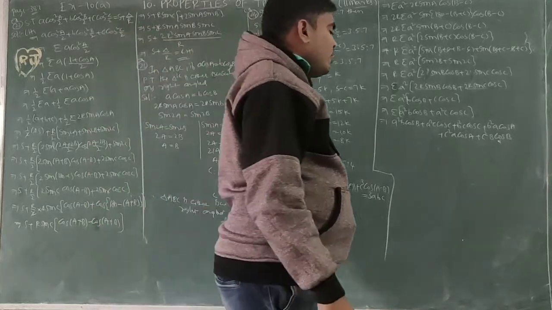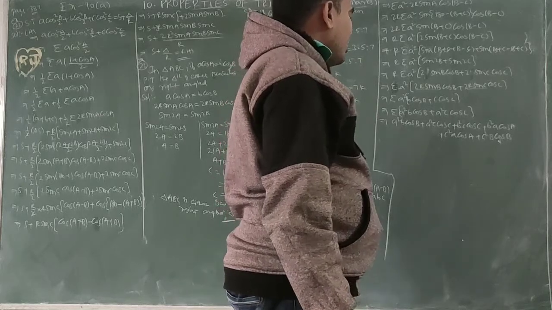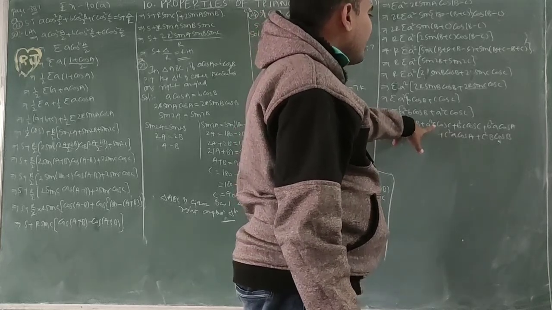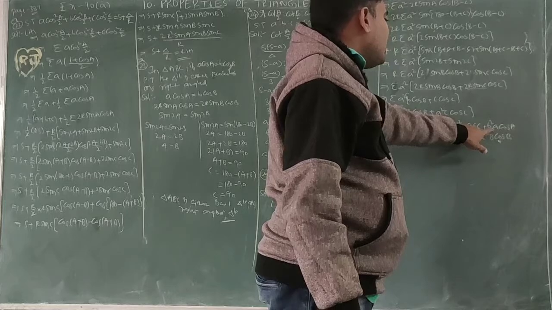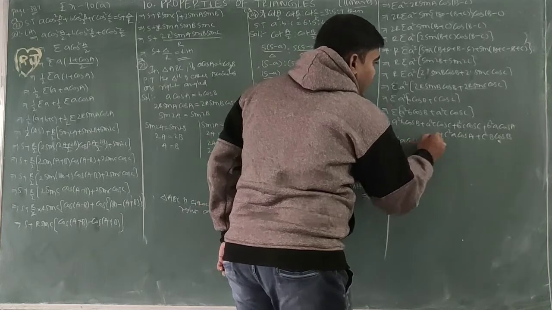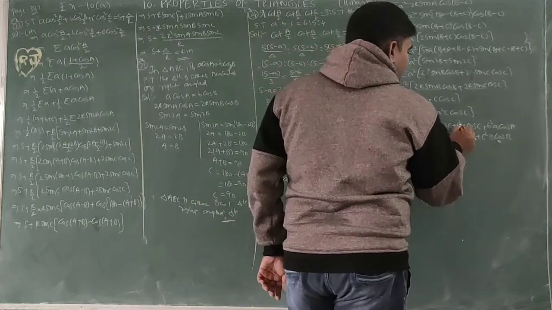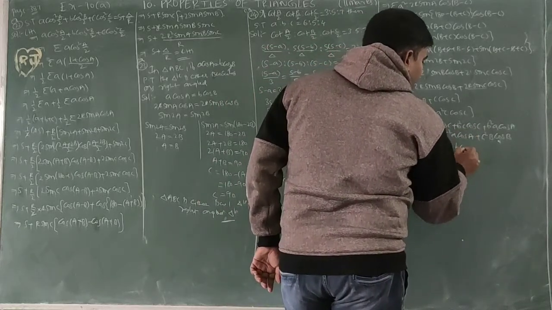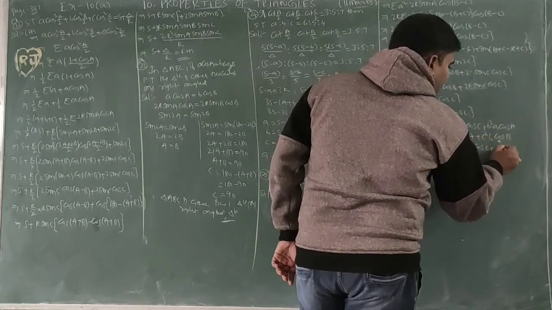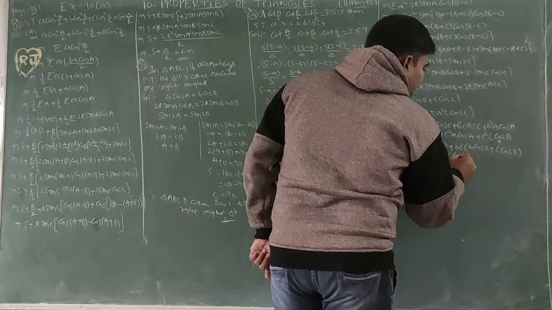Okay, now we need to take the combination. So a square b cos B, I want to take the combination a square b, a b square. So ab I am taking common: ab (a cos B plus b cos A), plus bc combination, bc (b cos C plus c cos B), plus ac combination, ca (c cos A plus a cos C).